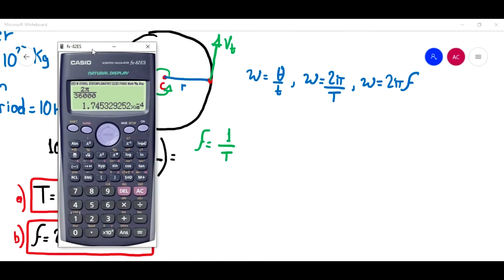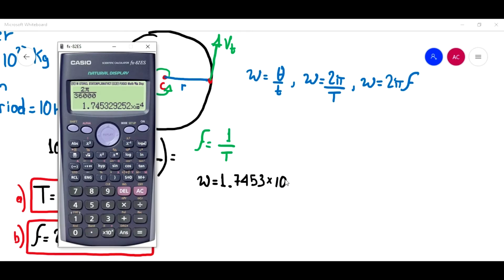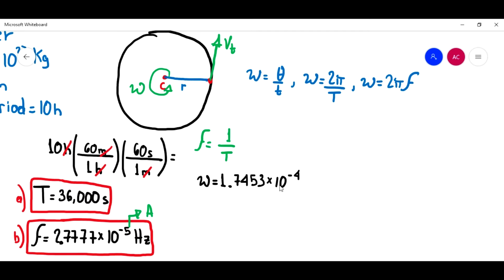So the angular velocity equals 1.7453 times 10 raised to minus 4 radians per second.